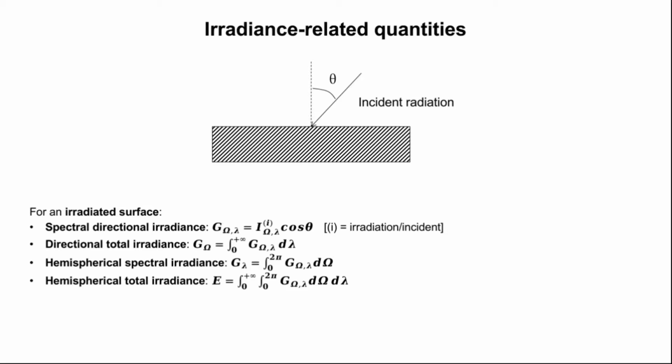The directional total irradiance is obtained by integrating such quantity over the overall wavelength range, while the hemispherical spectral irradiance is obtained by integrating it over the solid angle corresponding to the hemisphere lying on the surface, and, by combining those integrals, we obtain the hemispherical total irradiance.